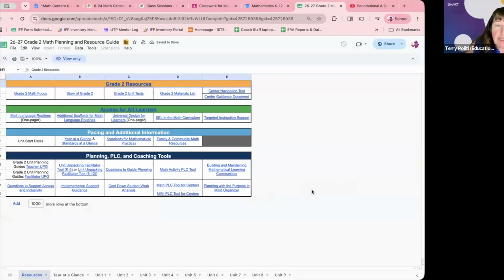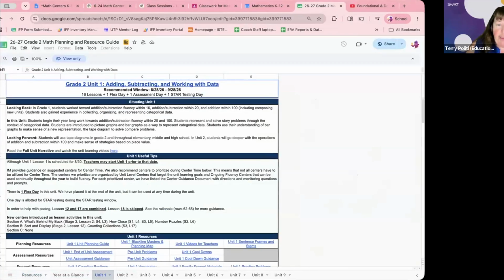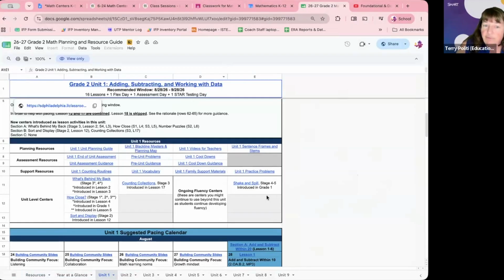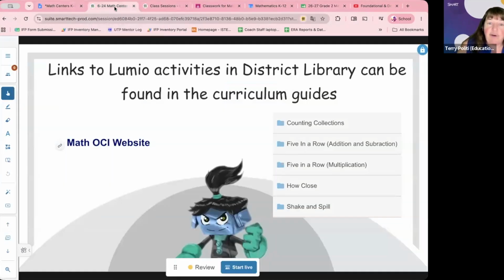You're going to go to your planning and resource guide, which everybody has. You're going to get to the Unit 1 tab, everybody's first unit. And in both rooms, you saw this. You saw the unit level centers and you saw the ongoing fluency. So look at those names. You're going to find one of those 5. Remember, these are my 5.